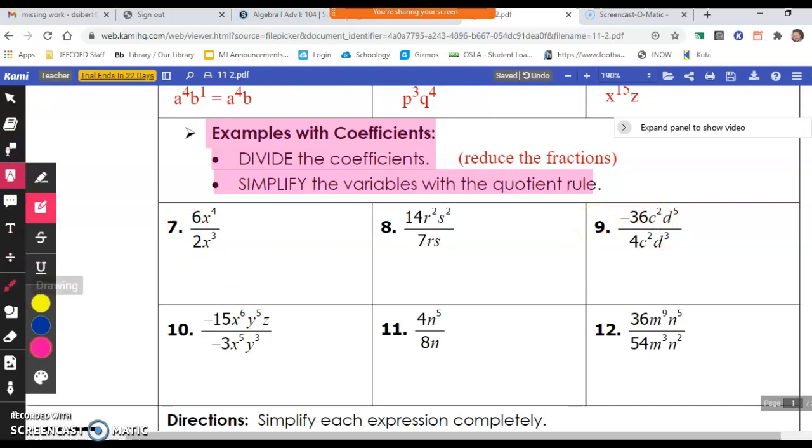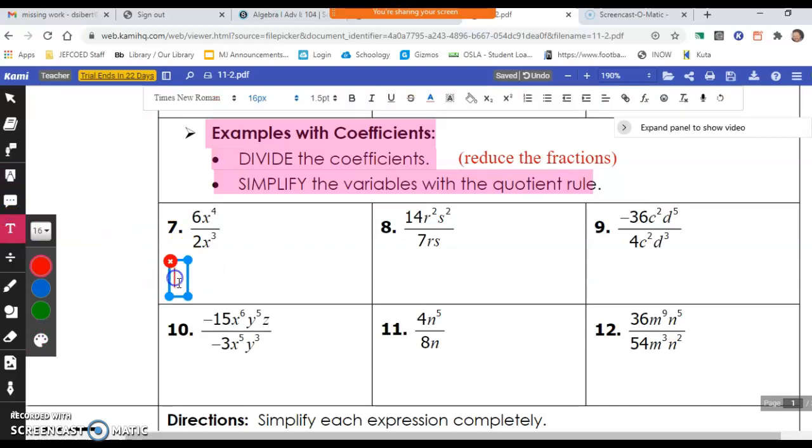All right. So looking here at number 7, 6x to the 4th divided by 2x to the 3rd. We're going to divide the coefficients. So 6 divided by 2 is 3. And then we have x to the 1, which we can leave as 3x, because remember, anything to the first power is just the number that you have.